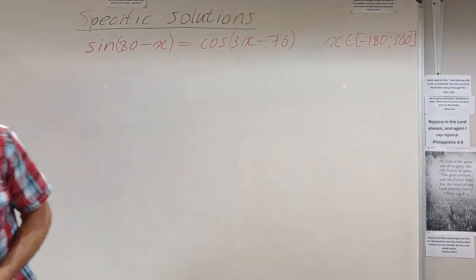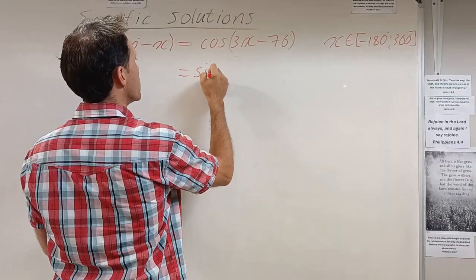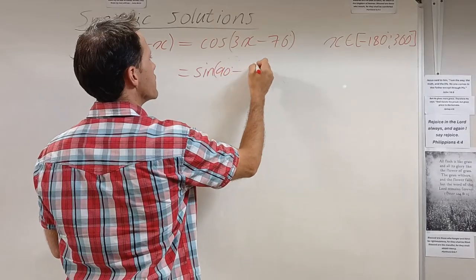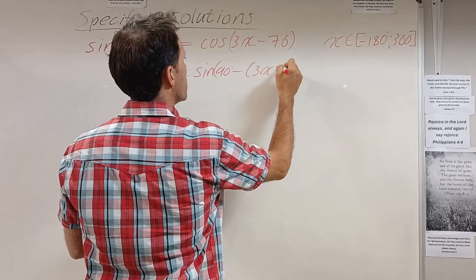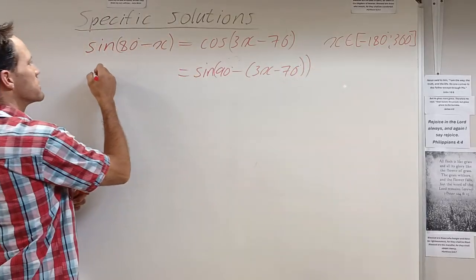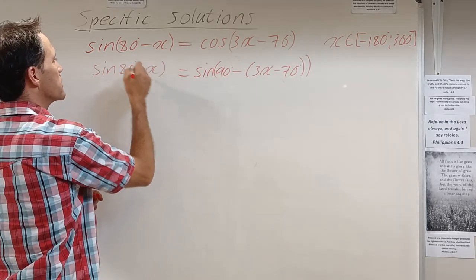So we're going to change this cos to sine 90 minus 3x minus 76. This one stays the same, sine 80 minus x.